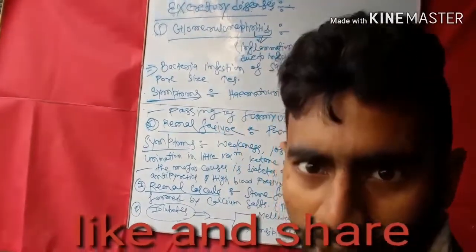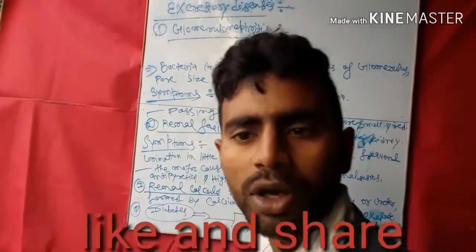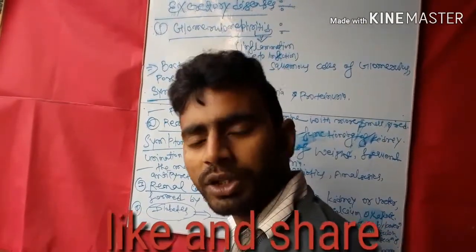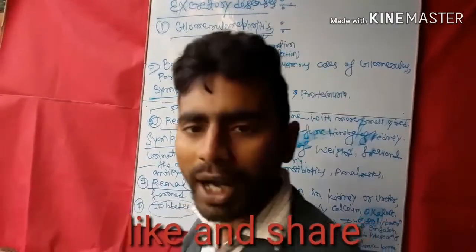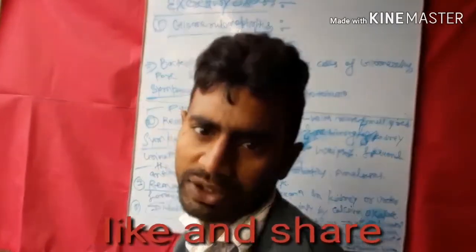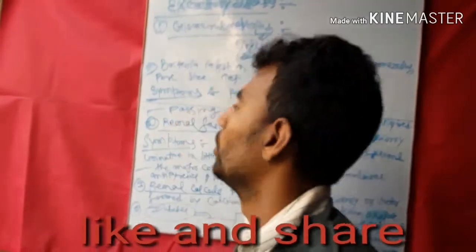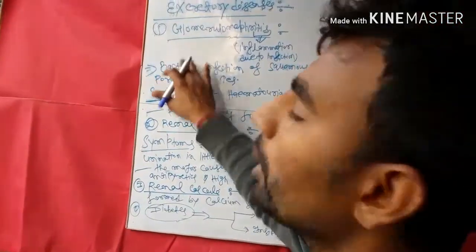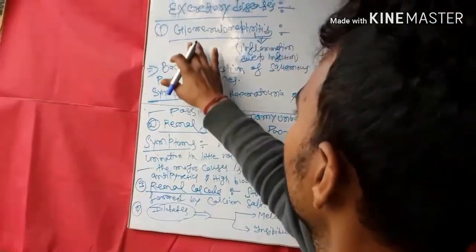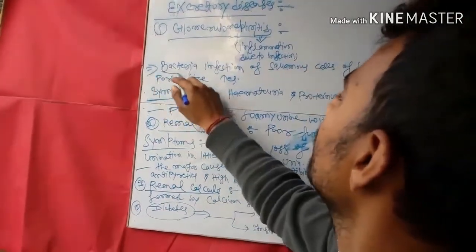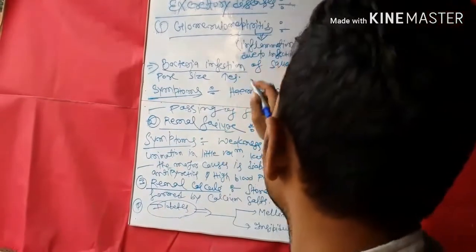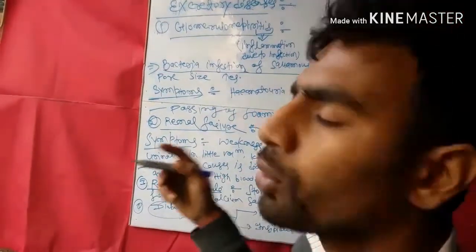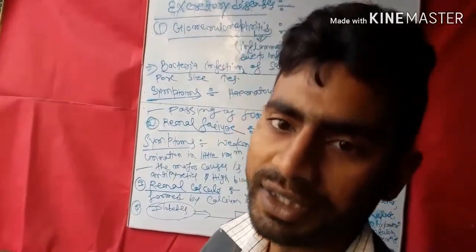Inflammation in the glomerular part of the nephron due to infection is called glomerulonephritis. What happens in glomerulonephritis? It is a bacterial infection of the squamous cells of the glomerulus. The pore size increases.